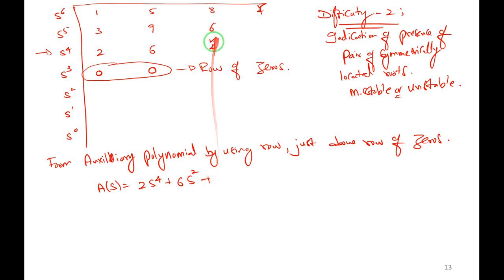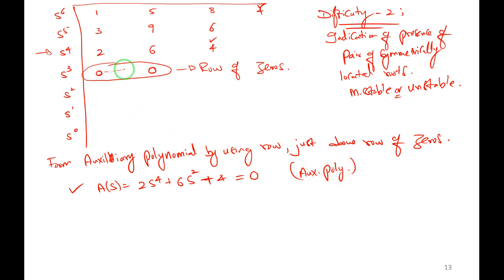Make use of the coefficients 2, 6, 4. 4 into s power 0, and s power 0 is 1, so I will not write it. So this is the auxiliary polynomial. We have formed the auxiliary polynomial by using the row just above the row of zeros. We have called it A of s.